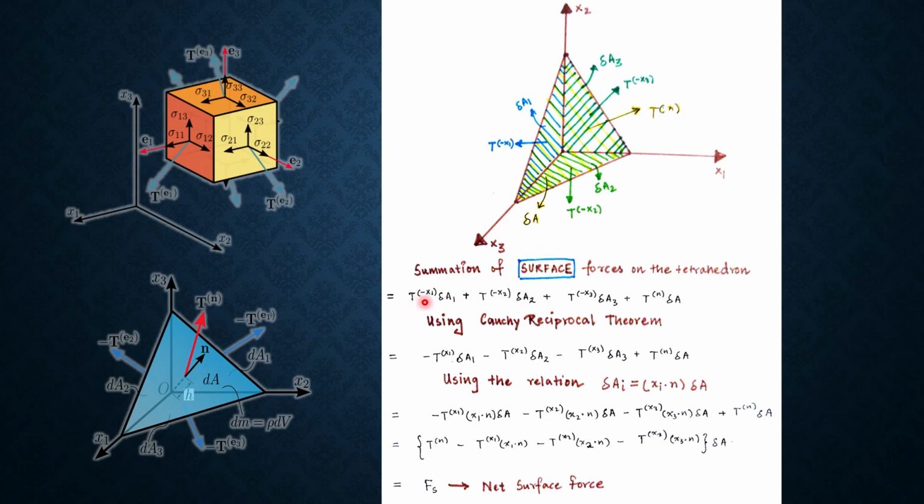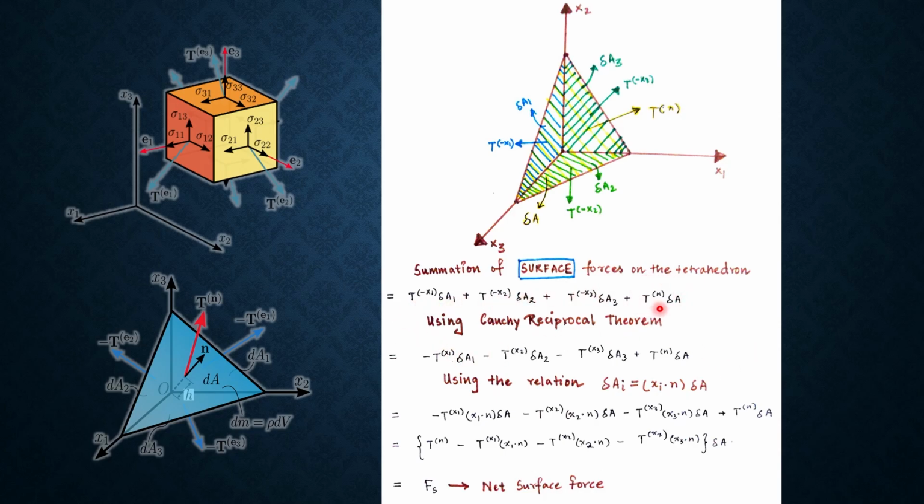So the surface force comes like this: the traction vector for the face x1 and the area of the face x1, the traction vector for the face x2, sorry, this is x2, and the area of x2, the traction vector for the face x3 and the area of x3, and also the traction vector of the face n and the area of n.